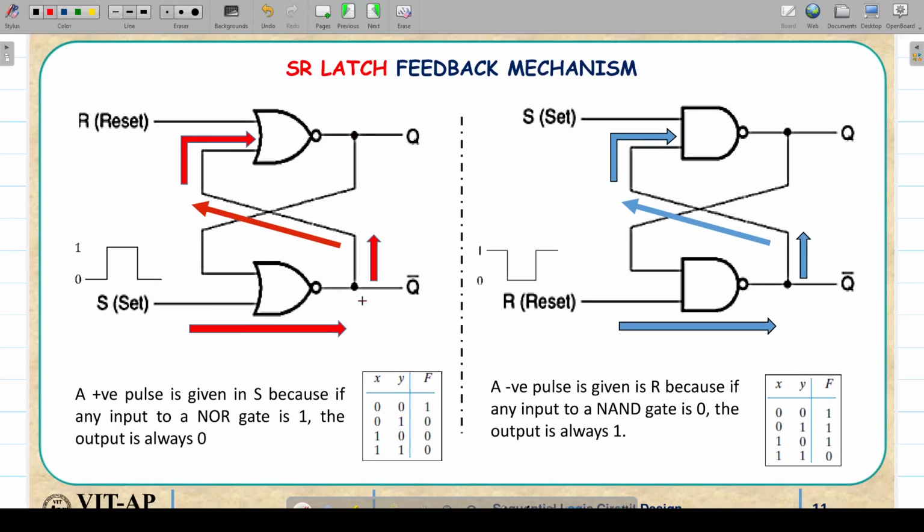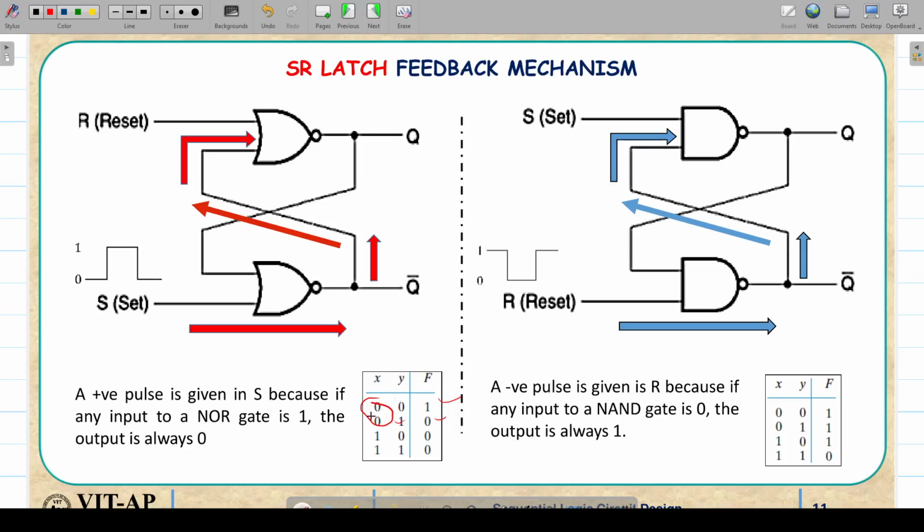We can also say this another way: when one of the inputs is 0, the output depends on the other input. If the other input is 0, the output is 1. If the other input is 1, the output is 0.